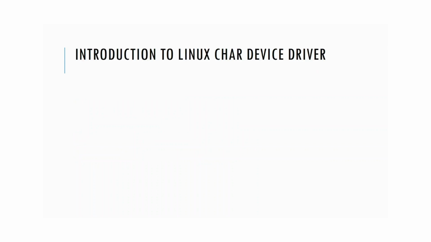Introduction to Linux char device driver. Basically, a character device driver is one that can be accessed as a stream of bytes. Drivers are characterized into three parts: character device drivers, network drivers, and block drivers. In this session we cover character device drivers, which are sequential, character oriented, byte oriented, meaning the stream of bytes travels in byte form.